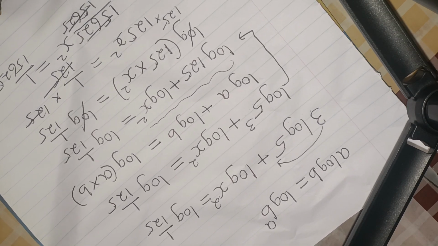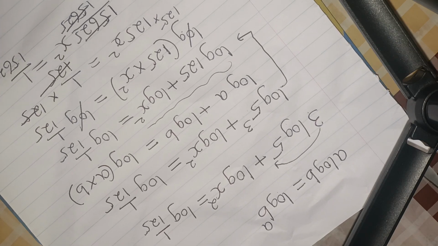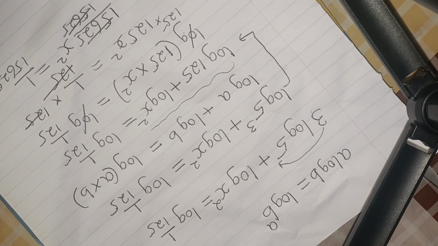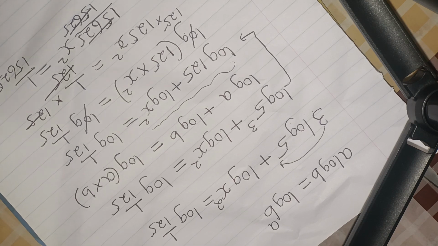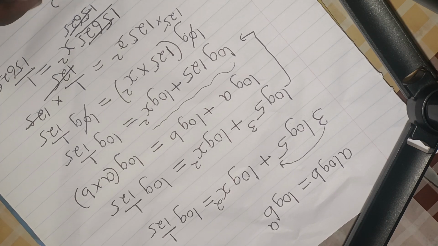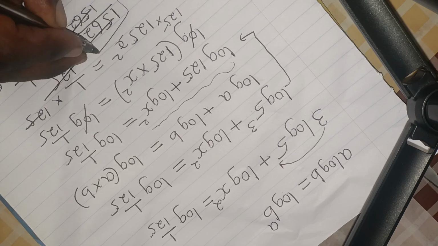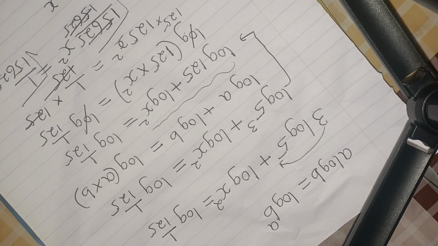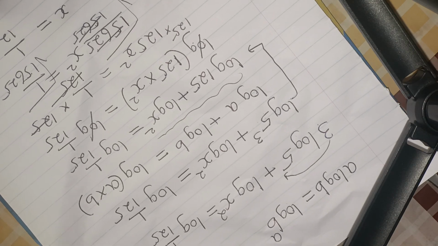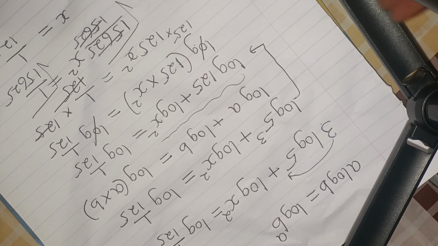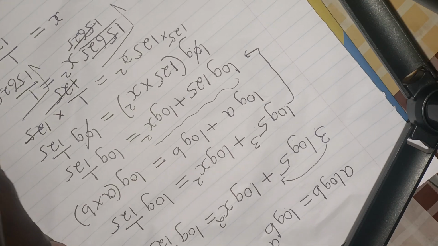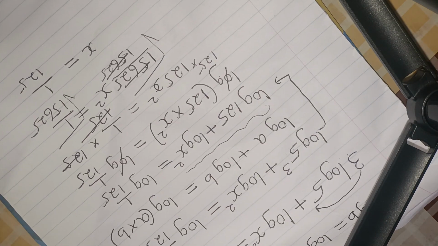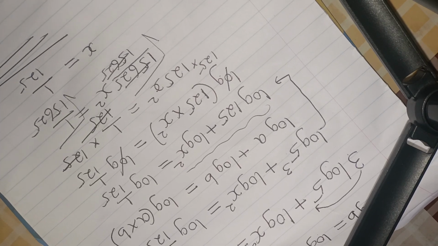Then of course I need to introduce the square root on both sides, so that my x should be equal to 1 over 125. That becomes my final answer as far as this question is concerned.